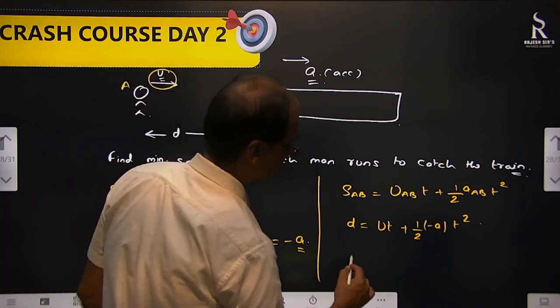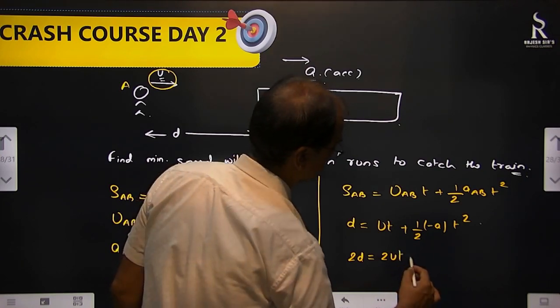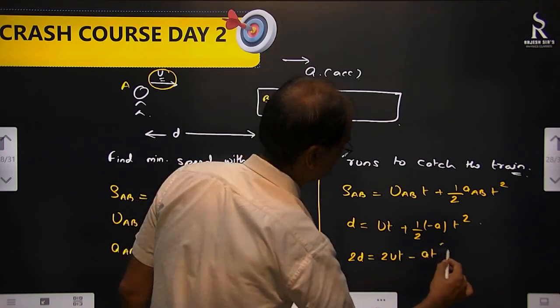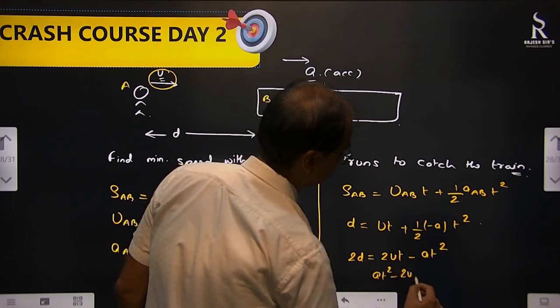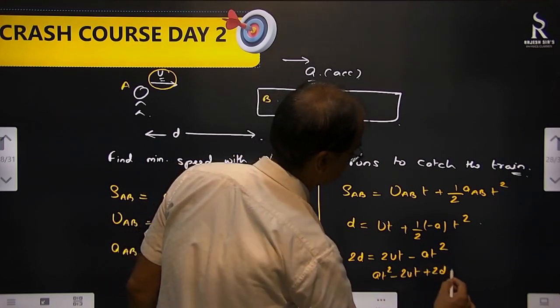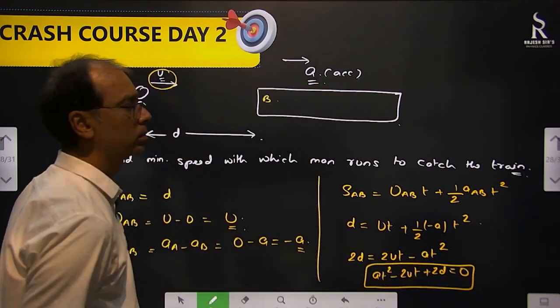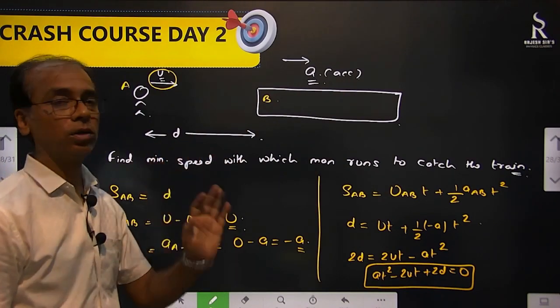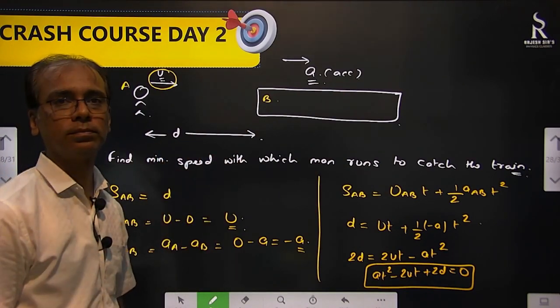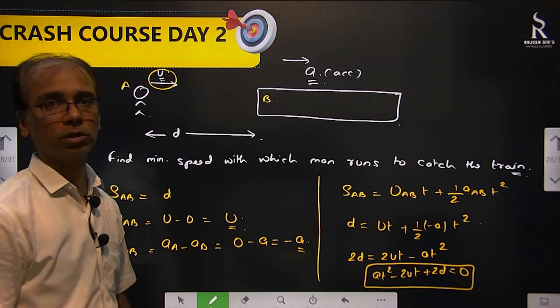Yes. 2D equals 2UT minus aT square, or aT square minus 2UT plus 2D equals 0. This is one dimensional relative motion, this is 1D motion.